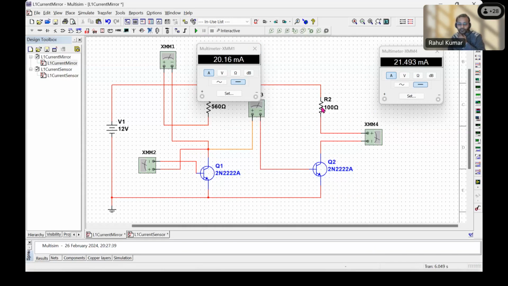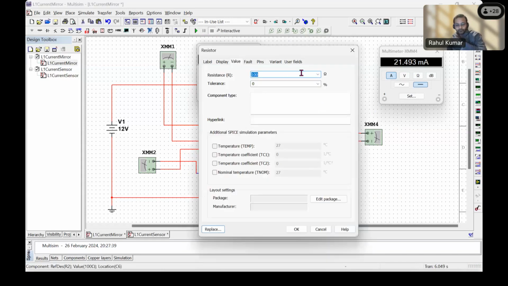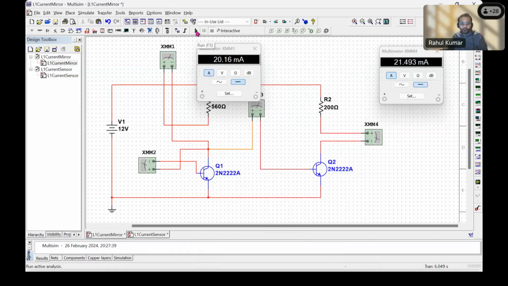Now how about we change it a little more, maybe 200. And let's see. Again, it fell a little bit, but it's around 21.15.